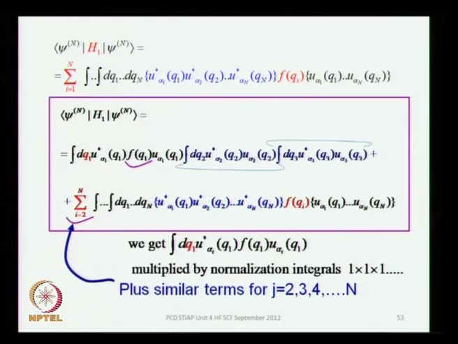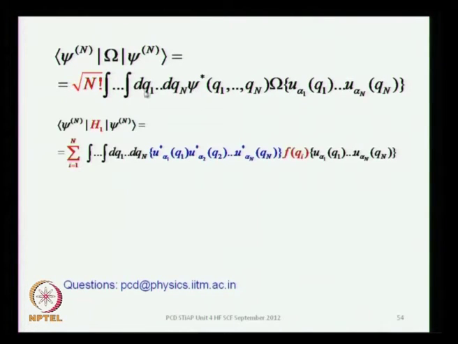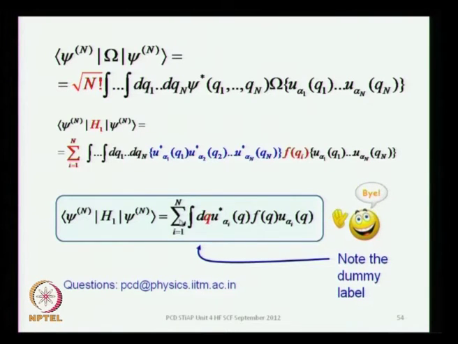So you just have to sum over similar terms, and you have got similar terms for the remaining n minus 1 electrons, j going from 2 to n, and you can pack all the terms together. This is your original expression that you began with, and for omega equal to h1 you pack all of these integrations together and you find that it is just a summation over I going from 1 through n of these single particle integrals, and you do not need to label this as q1 or q2 or q3 or so on, because all of these are dummy labels.